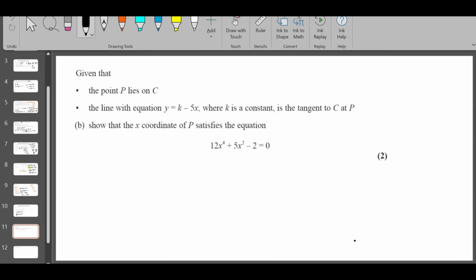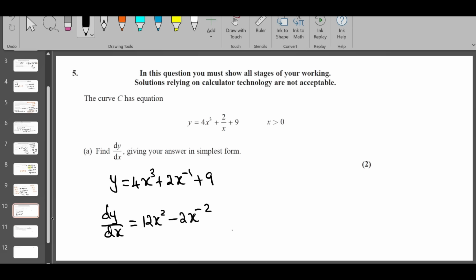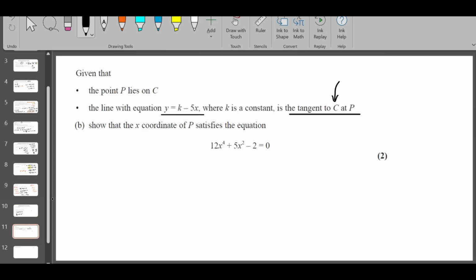Part B now. The point P lies on C. The line with this equation is a tangent to the curve. So if it is a tangent, how do we usually find the slope of the tangent? We differentiate the curve, right? That's what we have here: 12x square minus 2 over x square.